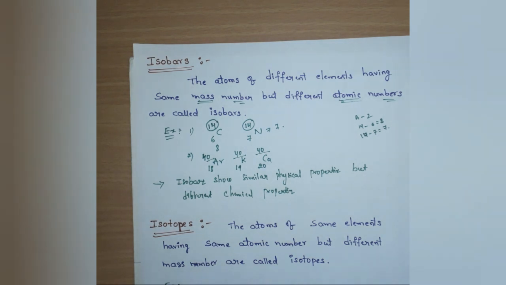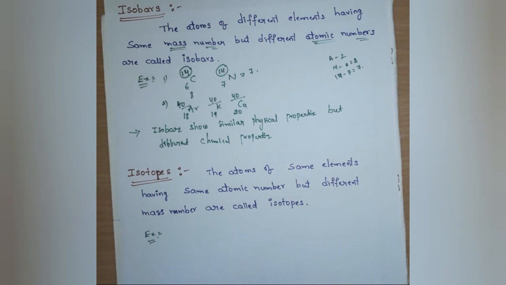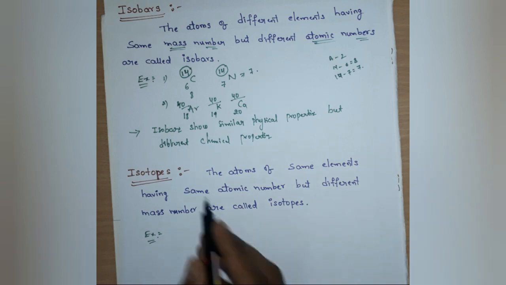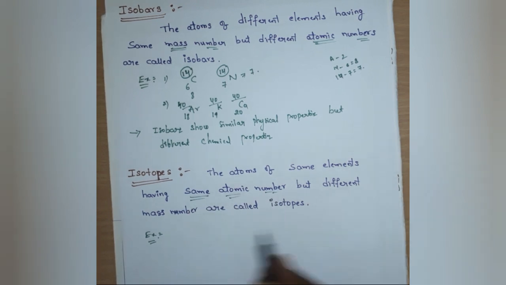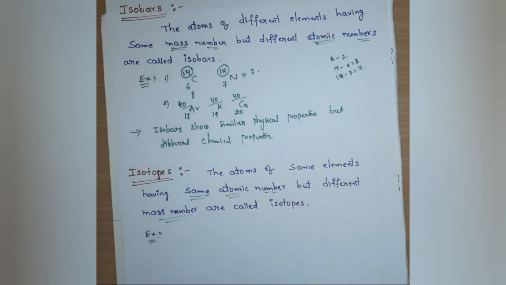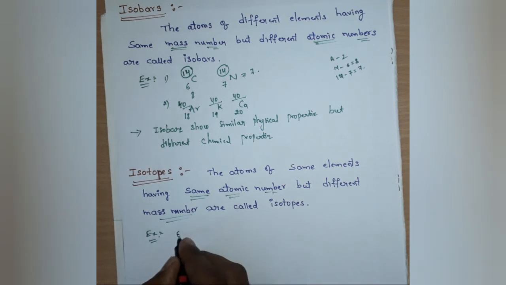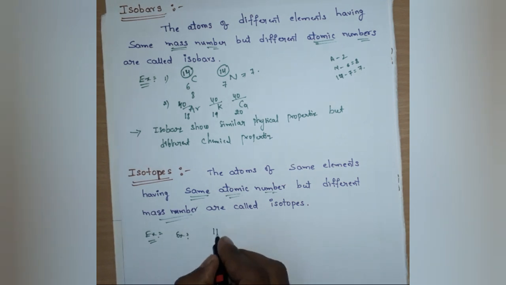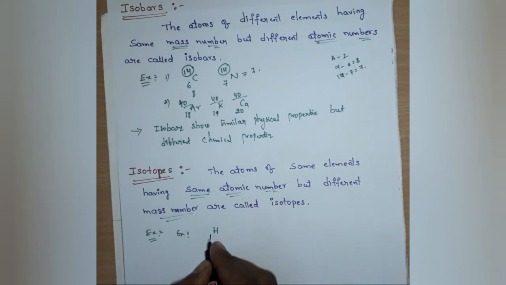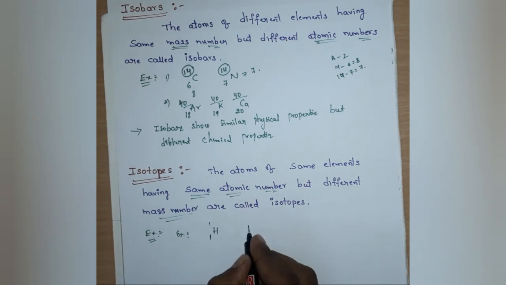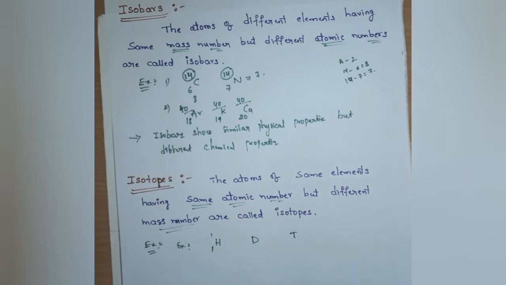Next, isotopes. Isotopes are the atoms of the same element having the same atomic number but different mass numbers. For example, hydrogen, deuterium, tritium.